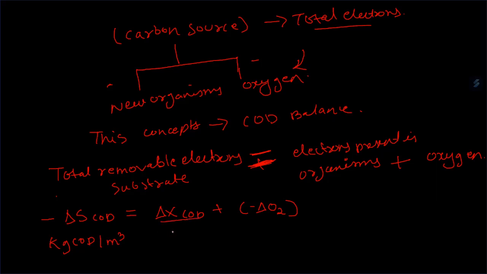Delta X COD represents the microorganisms produced as COD, in kg COD per meter cube, and these are the electrons which are present in the organisms, plus the oxygen which is consumed. This is the oxygen consumed, which can be expressed as COD, that is kg COD per meter cube. This also represents the electrons taken out from the system.